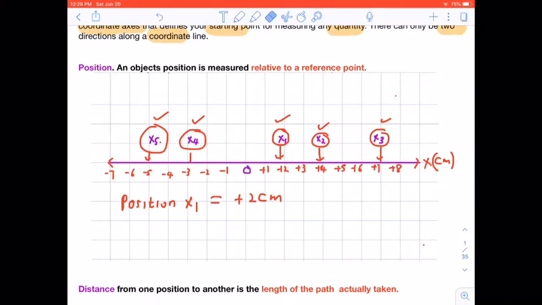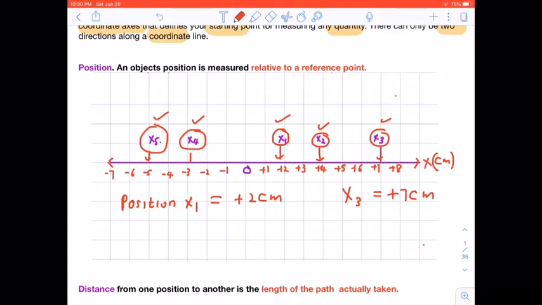And if we want to know the position of x3, x3 would be equal to plus 7 centimeters. So if I tell you the object is at position plus 7 centimeters, you know where that object is and you know on which side of that coordinate line it is.